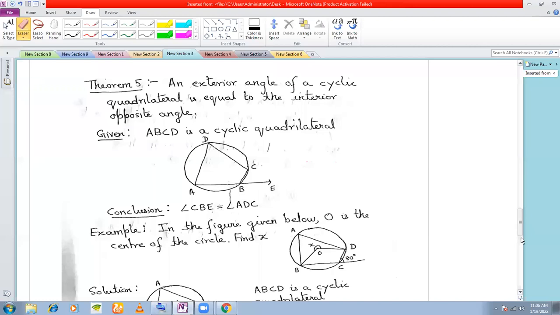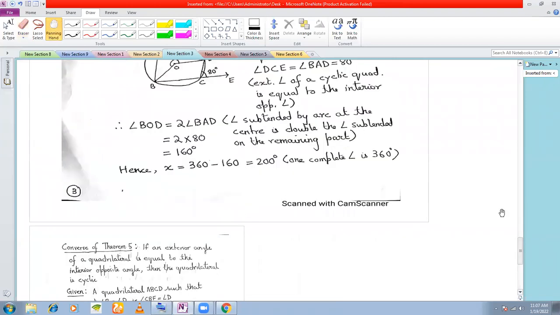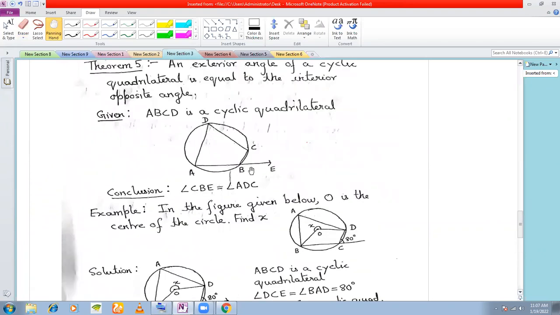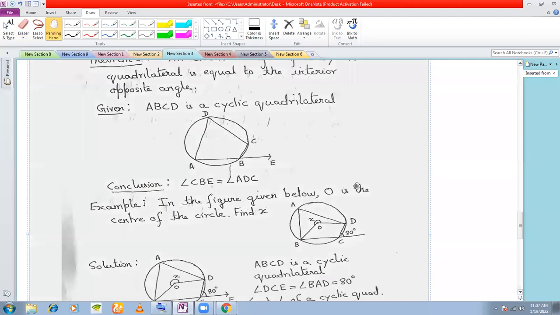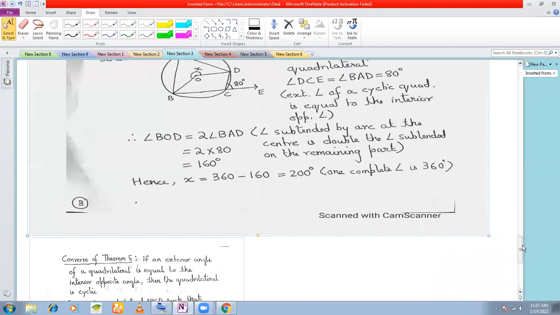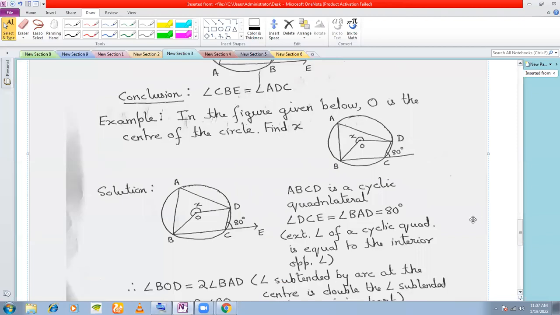So this is the meaning of this theorem. Now a problem based on the theorem. Let's see what the problem states. In this figure, O is the center of the circle.